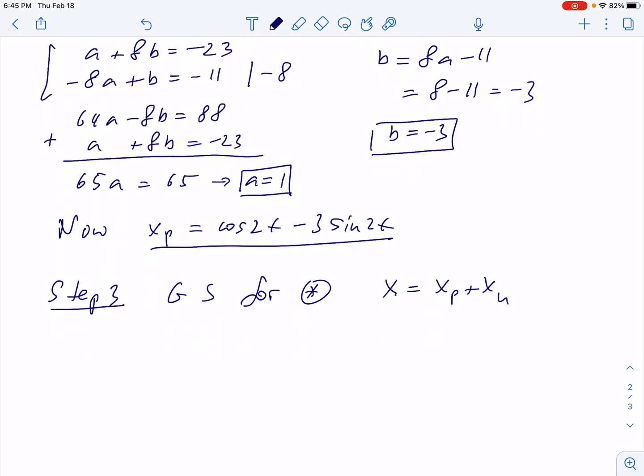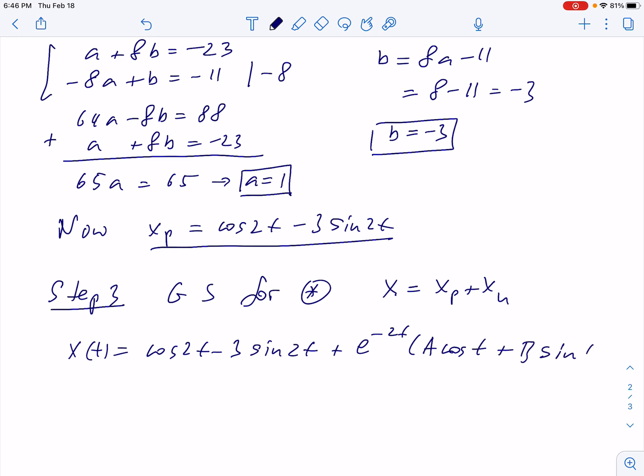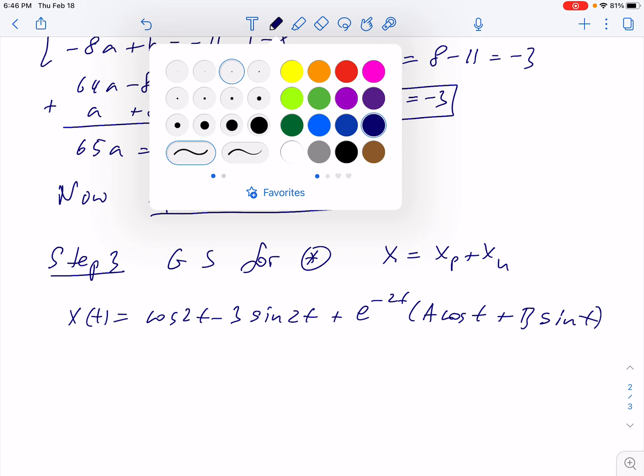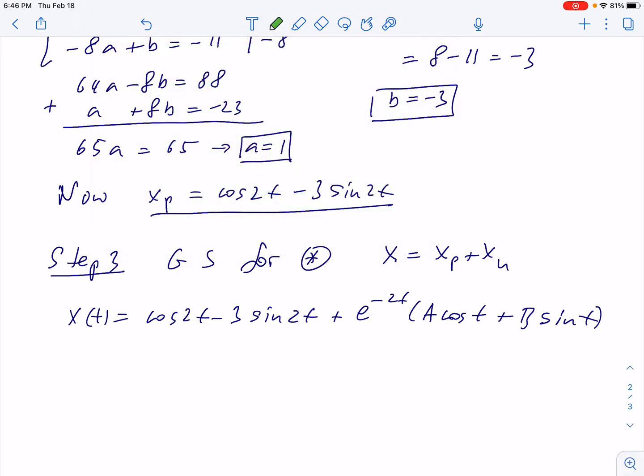In expanded form, this is the general solution: cosine 2t minus 3 sine 2t plus the general solution of the homogeneous, which was A cosine t plus b sine t. And this is actually the end of step 3. Let's underline this important general solution.